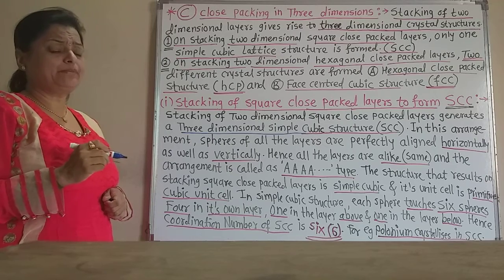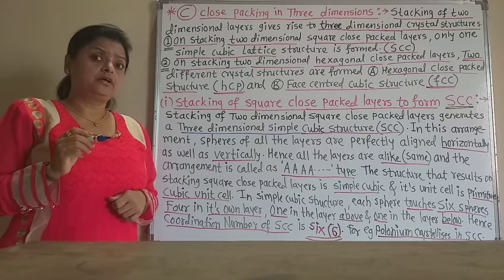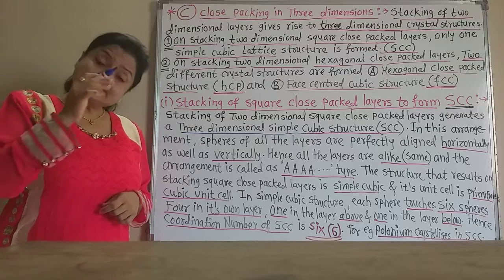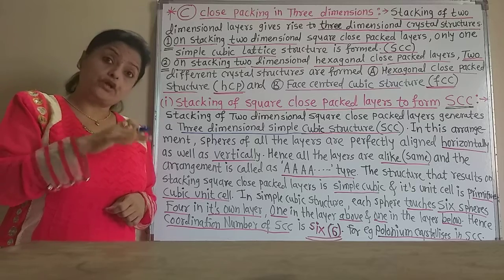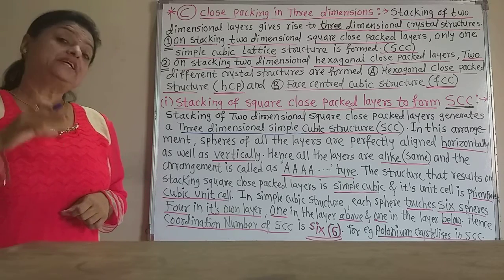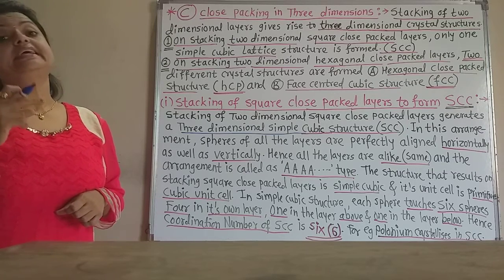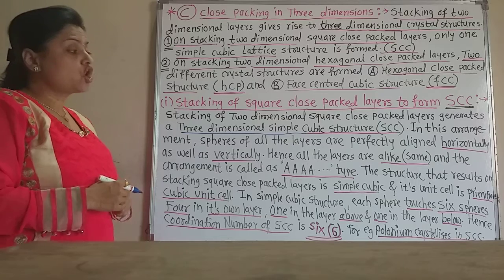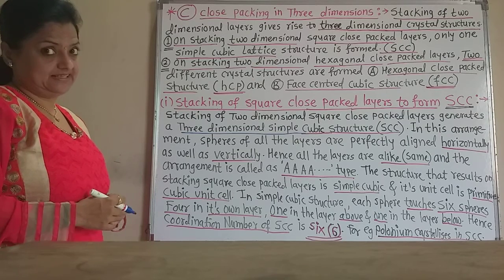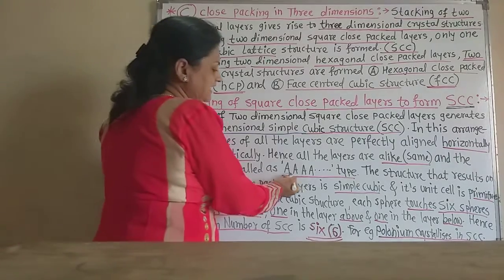As in the two-dimensional, the spheres are aligned horizontally and vertically, in the similar manner in the three-dimensional stacking also. Hence, all the layers are alike, and the arrangement is called the AAAA type of arrangement.